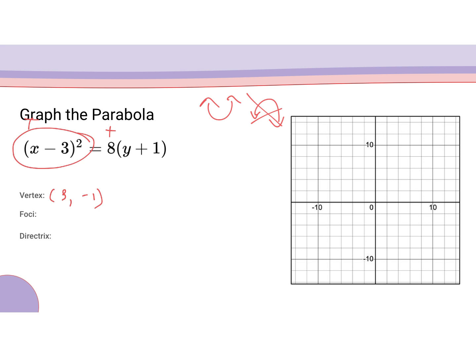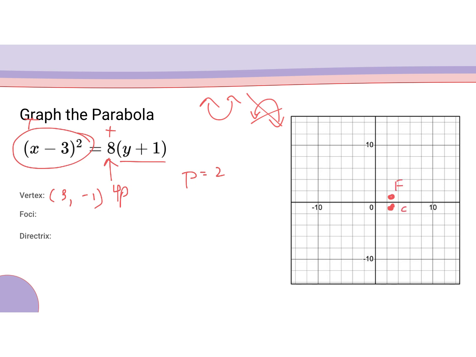So what that means is I have to figure out what is my distance. So again, look at the value in front of the non-squared variable. That's my 4p. So p in this case would have to be 2. So from my vertex (3, -1), I need to go up 2 to find my foci.